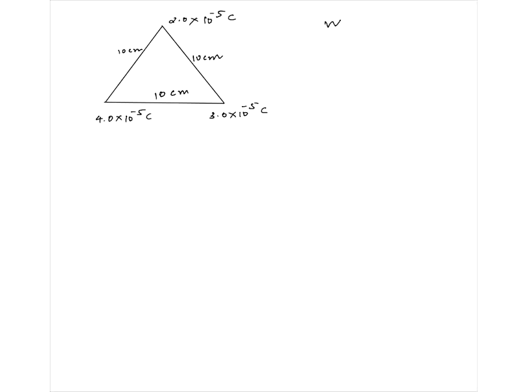WEXT is what is being asked. That should be simple. W conservative is minus delta U and W conservative is minus WEXT. That means WEXT is delta U.